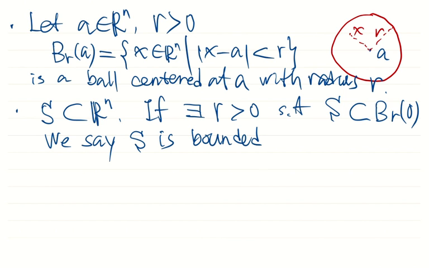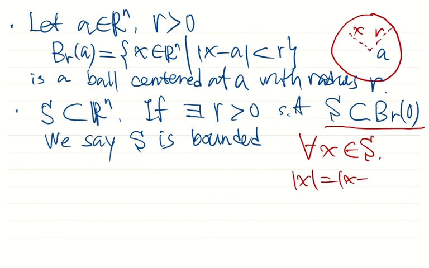What does this condition, S contained in this ball, mean? This means for any x in S, because x is in this ball, the distance between x and the origin is less than R. So the norm of x, which is the norm of x minus the origin, is less than R. So this is a bounded subset. Okay.